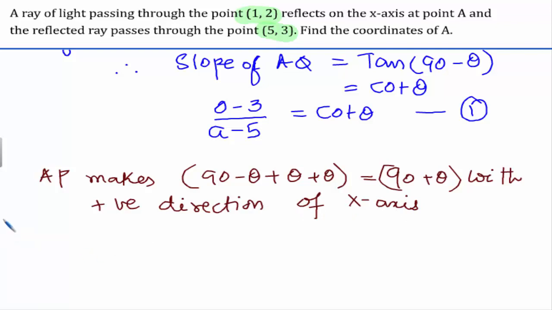So therefore now the slope of AP is equal to tan(90 plus theta).